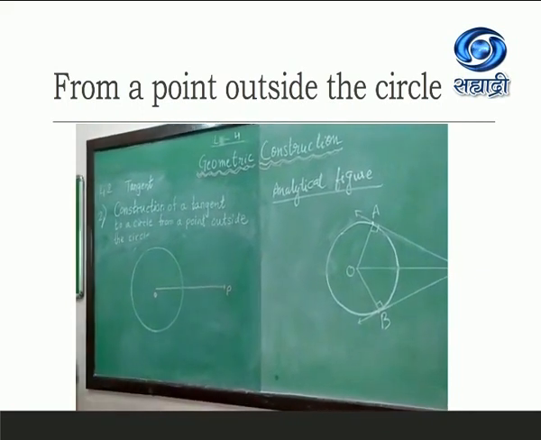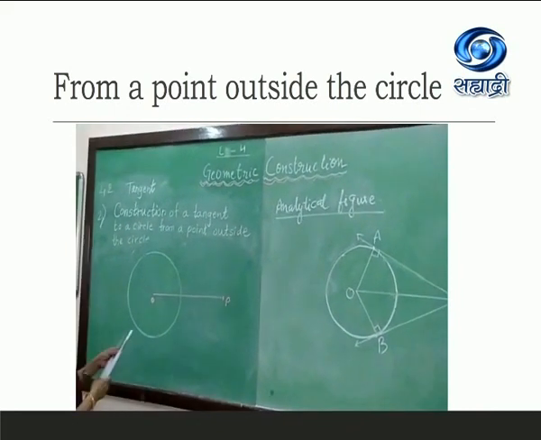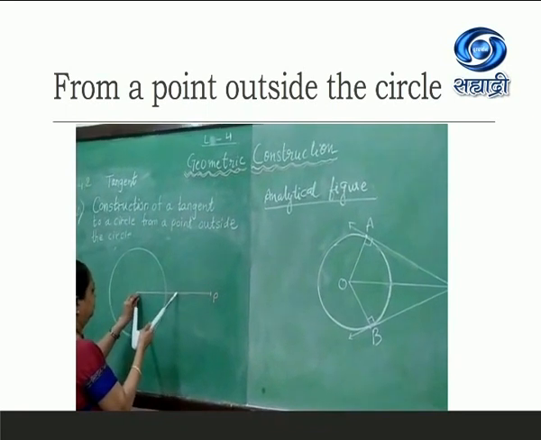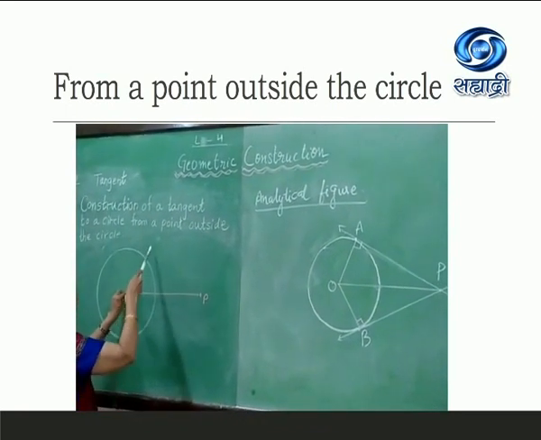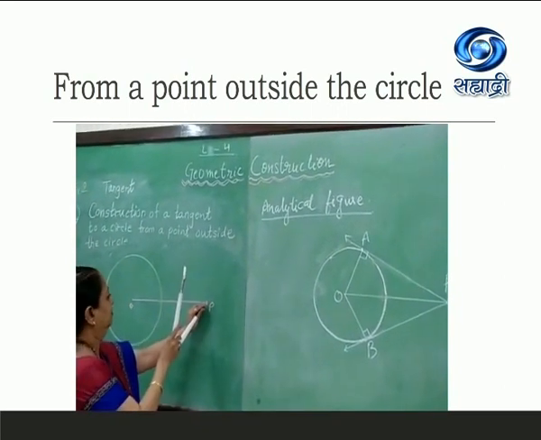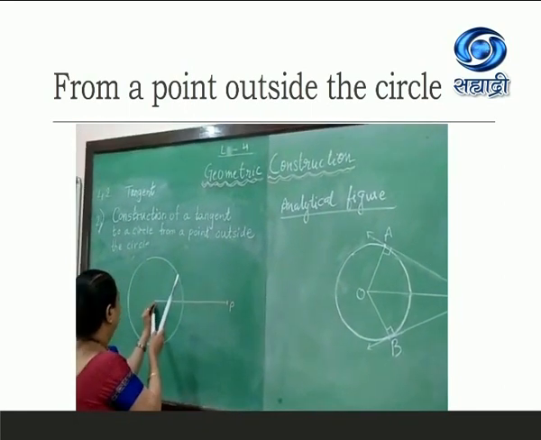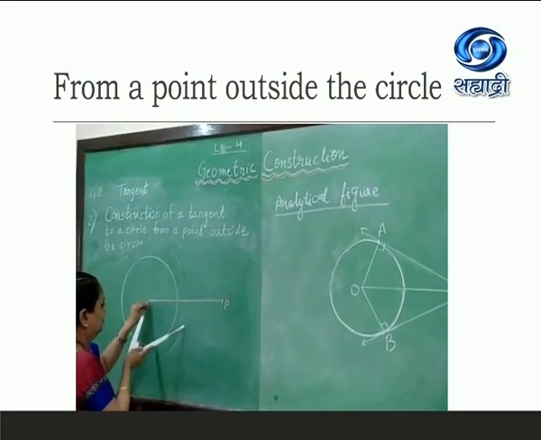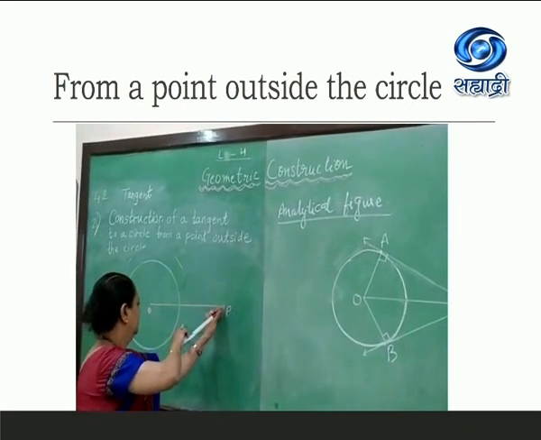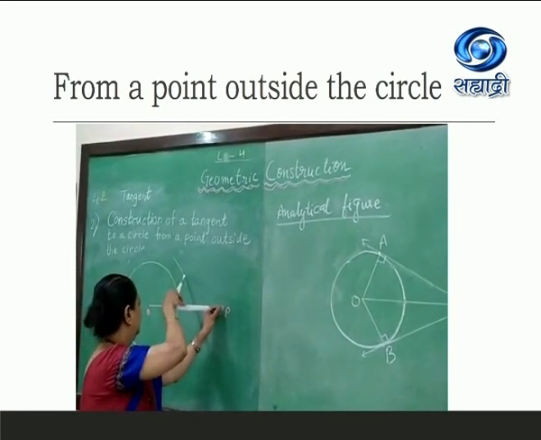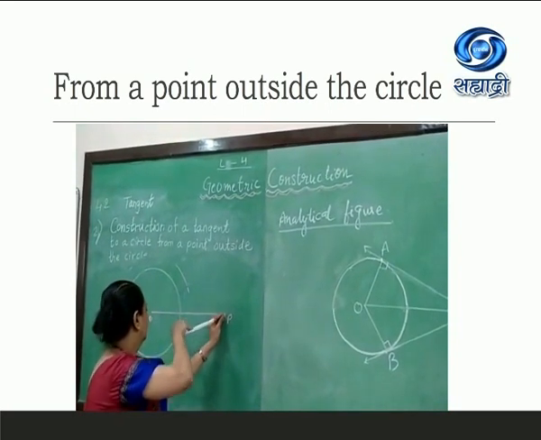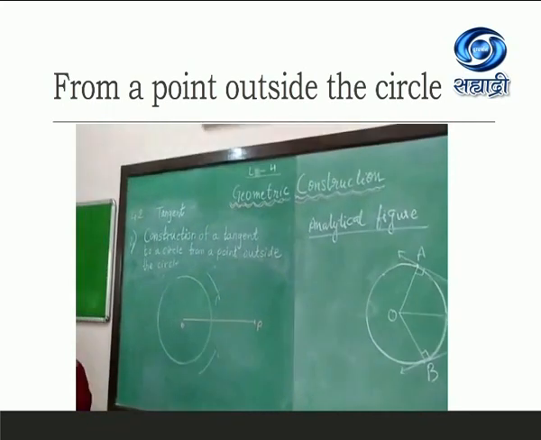Next we are supposed to find the perpendicular bisector of OP. For that, as I said, take more than half by observation. Draw two arcs on either side of OP, keeping the pointer at O first and then at P. You get two points of intersection.